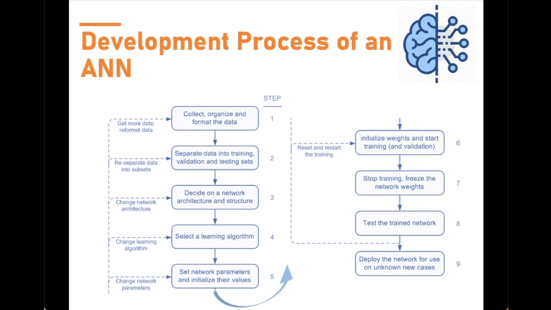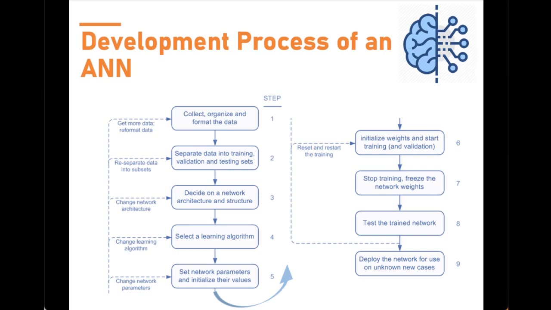In step 2, we divide the available data into training, validation, and testing sets. The training set, as its name suggests, is used to train the network. The validation set is used to tune the hyperparameters and monitor performance during training, and the testing set is used to evaluate the final performance of the trained network.